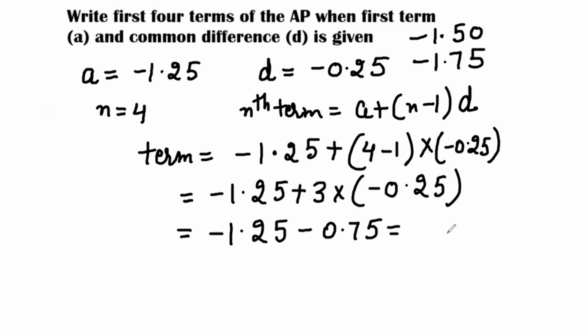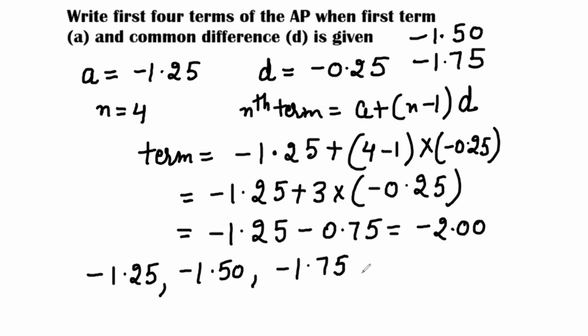When I calculate this, I get minus 2.00. That means the AP is minus 1.25, which is the first term, minus 1.50, the second term, minus 1.75, the third term, and minus 2.00, the fourth term.